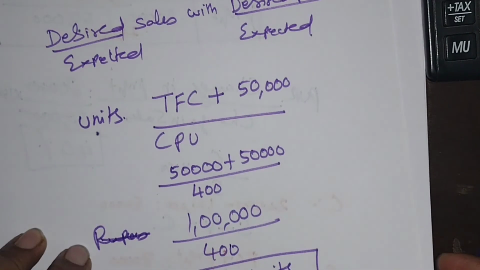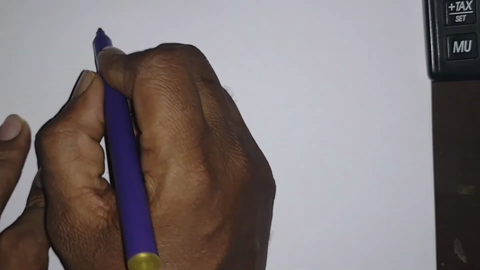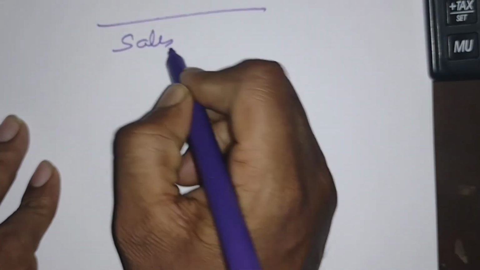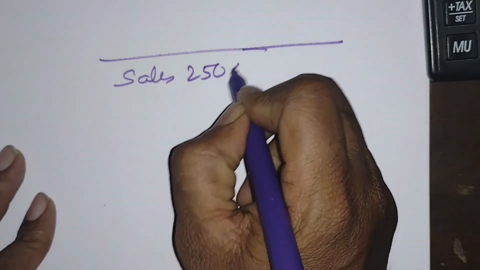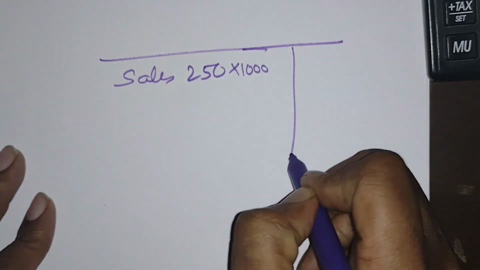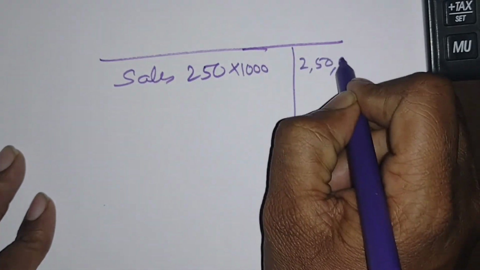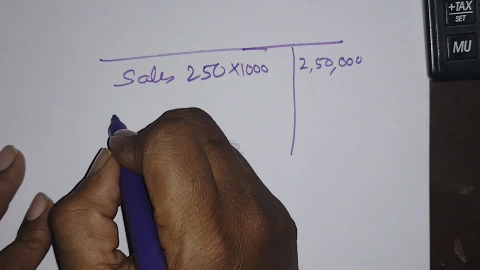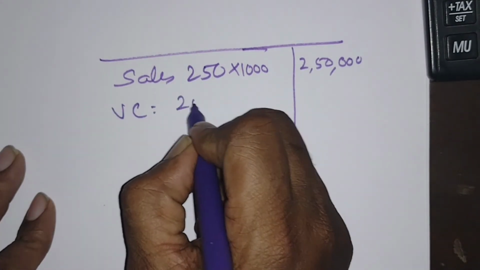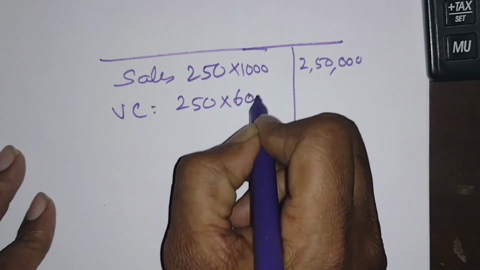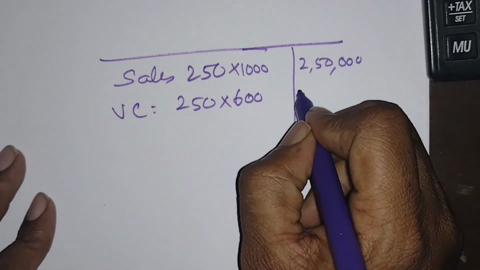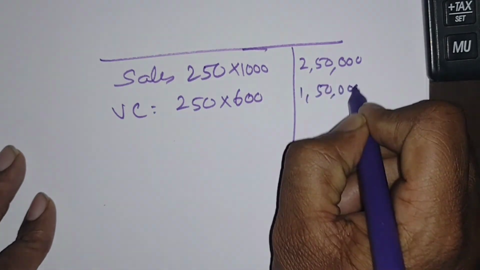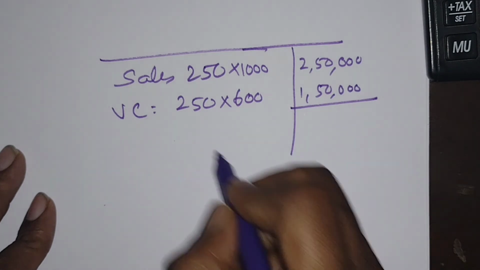Let us check it immediately. Sales expected to be 250 units into 1000 per unit, which is 2,50,000 rupees. Next is variable cost, 250 into 600, which is 1,50,000.